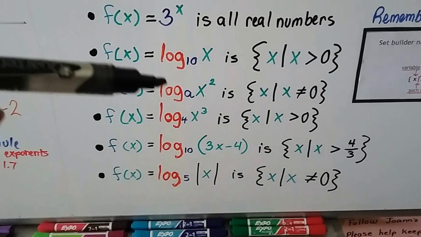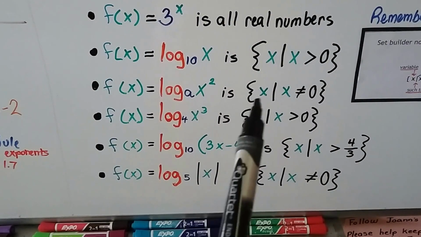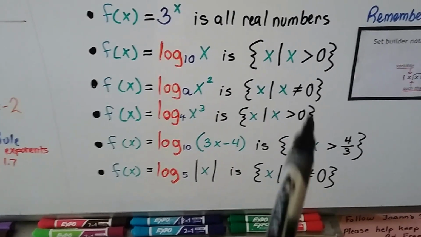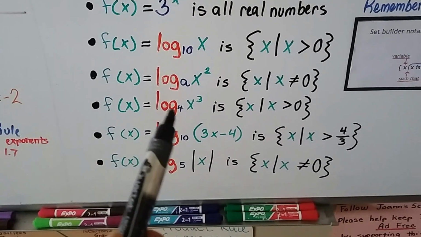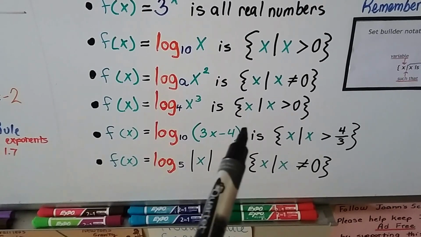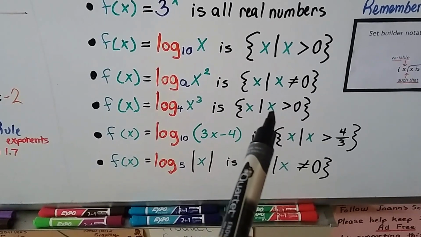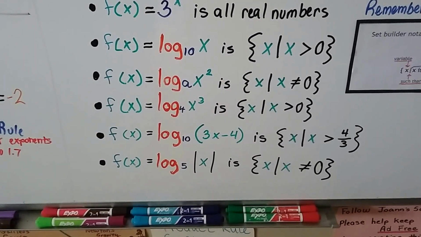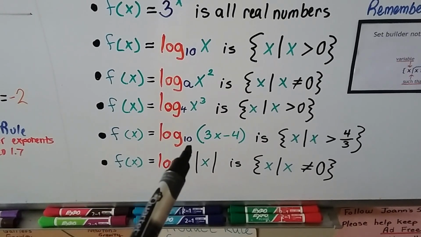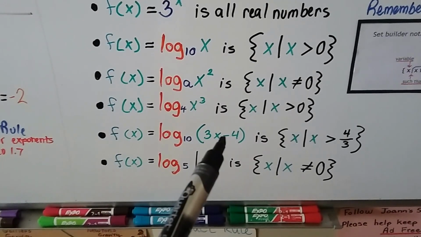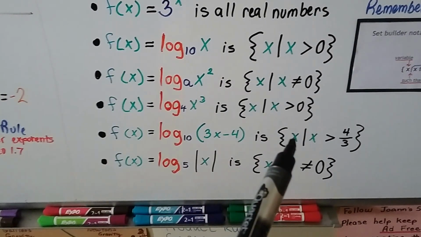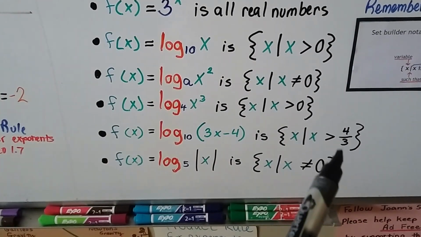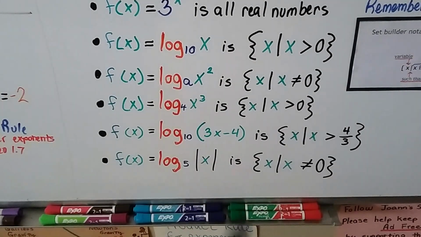See? And for log base a x squared, it's going to be the set of all x such that x is not equal to 0. And for log base 4 x cubed, it's going to be the set of all x such that x is greater than 0. For log base 10 of 3x minus 4, that's going to be the set of all x such that x is greater than 4/3. See?